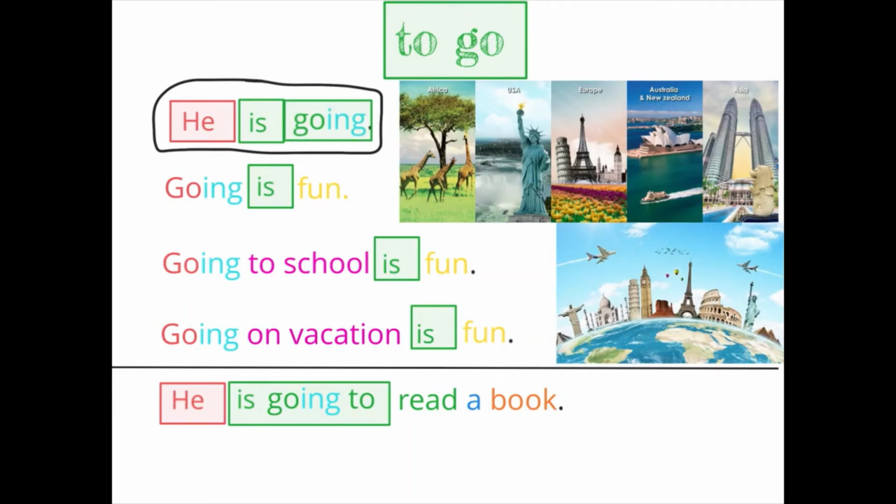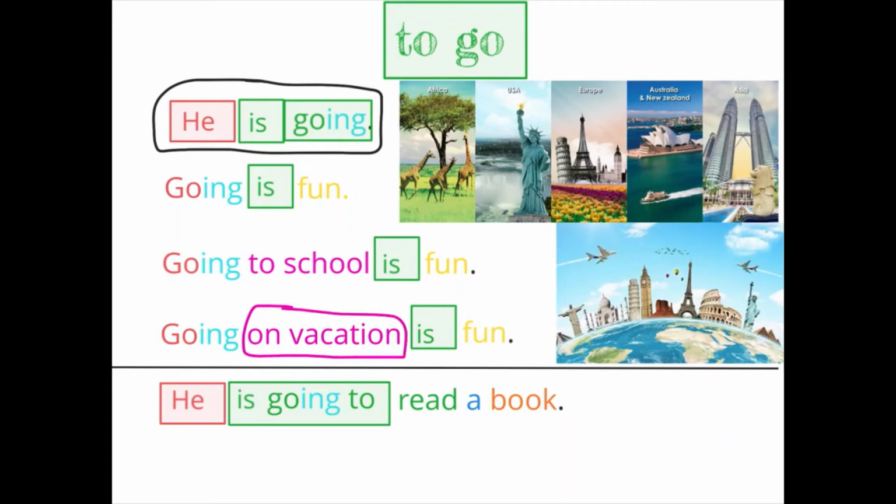We did this before with he or they are going to school. You could just say he is going, but it makes more sense to say he is going where. And that is going to be using a prepositional phrase. You could say he is going to school, or you could say he is going on vacation.